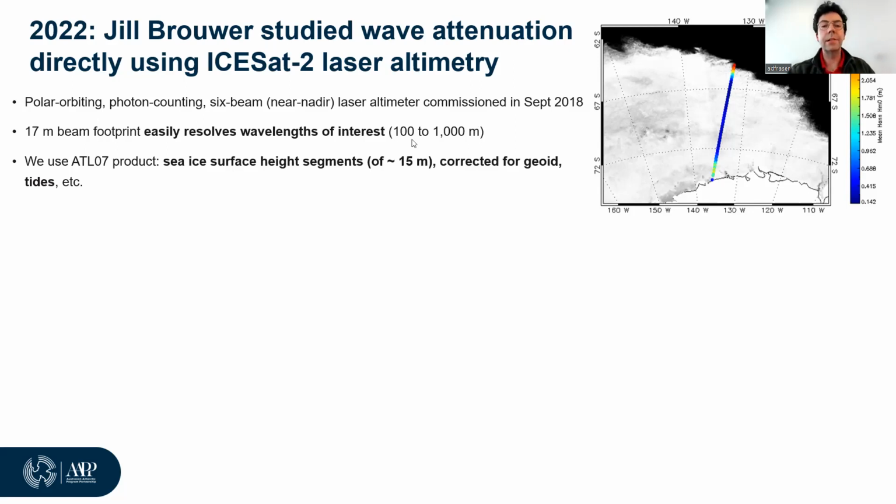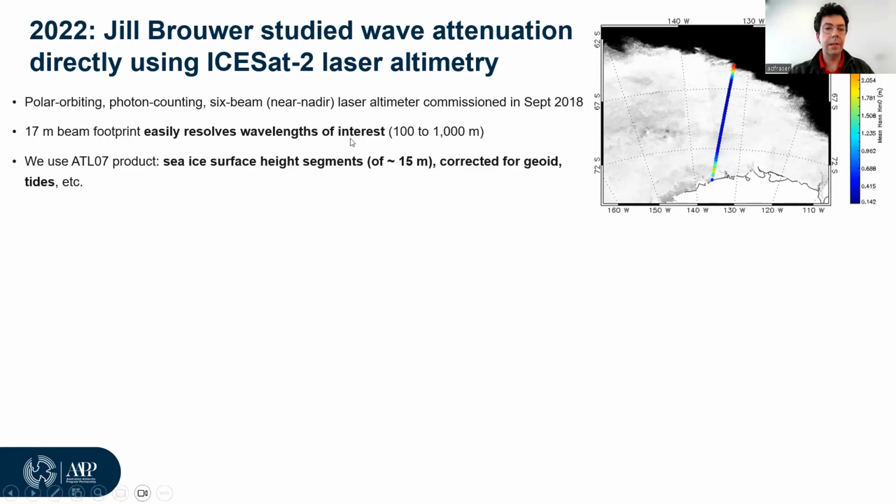So we're talking about meter wavelengths. Basically, the product had segments of about 15 meters, so every 15 meters we get a new height segment that we were easily able to resolve the wave passage.